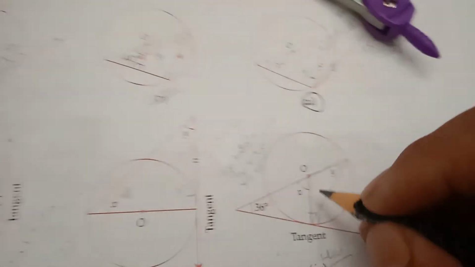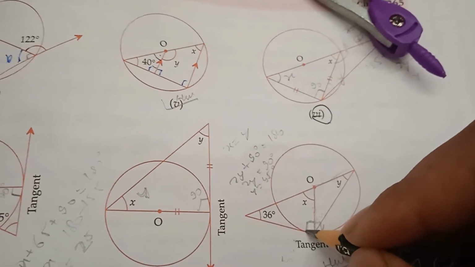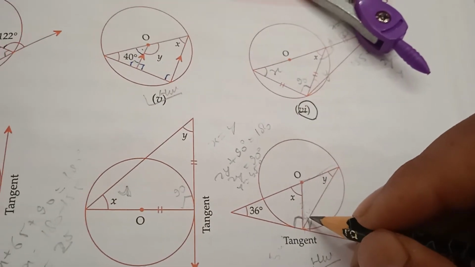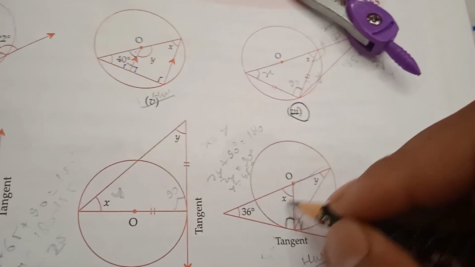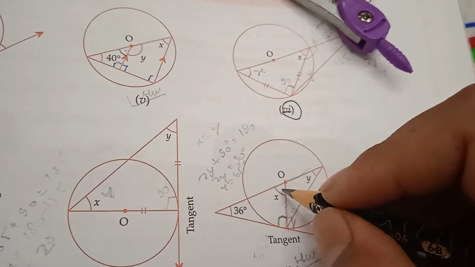And in this question, this angle would be 90 degree by the property angle on a semicircle is 90 degree. 90 plus 36 equal to 126. 180 minus 126 is 54.